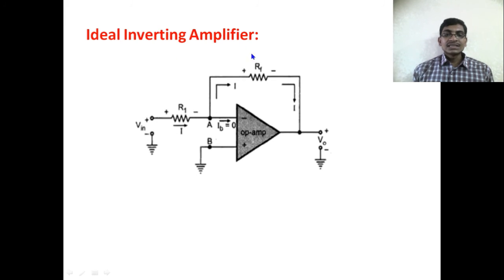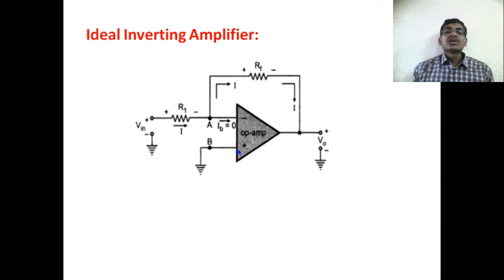This is the circuit for the ideal inverting amplifier. How can we say it is an inverting amplifier? Because the Vin voltage is given to the inverting terminal of our operational amplifier, and the non-inverting terminal is given to the ground potential.